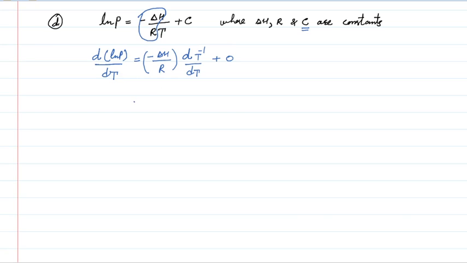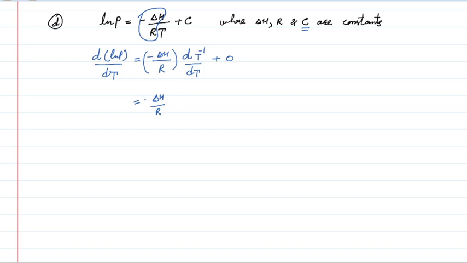So this can be further simplified into this. Minus is already there. If you take this minus to this side, it will be plus. Then delta H upon R, this T raised power minus 1. We are basically differentiating this. So it will be minus 1, T raised power minus 1.